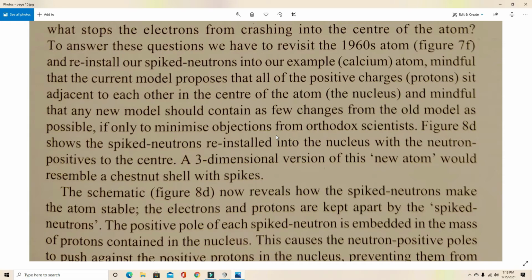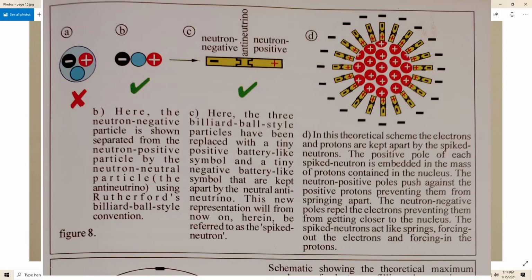Figure 8D shows the spiked neutrons reinstalled into the nucleus with the neutron positive to the center. This three-dimensional version of this new atom would resemble a chestnut shell with spikes. The schematic figure 8D now reveals how the spiked neutron makes the atom stable.